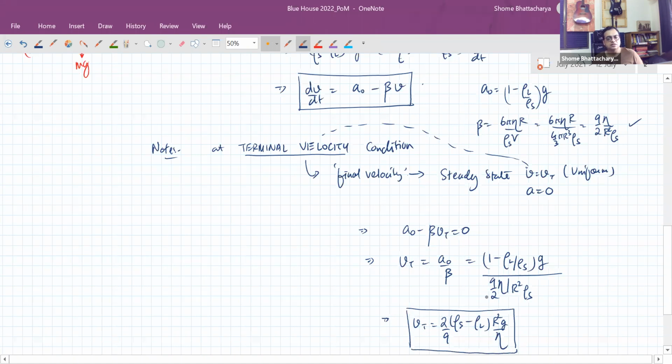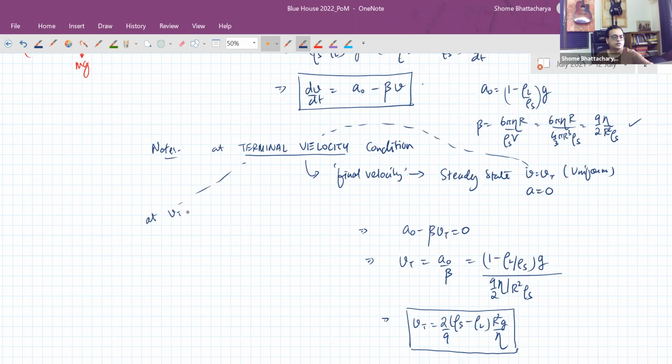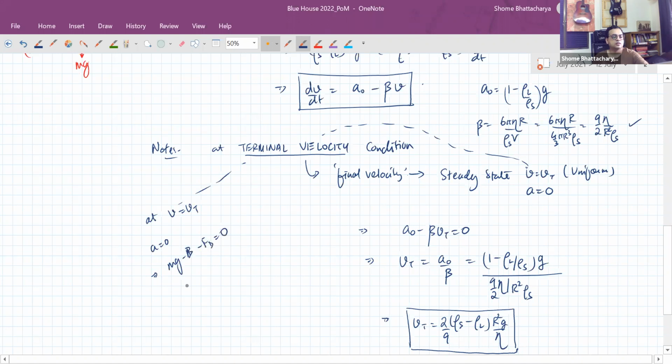So what I would suggest is instead of trying to memorize the formula, just remember the concept that at v equal to terminal velocity, the acceleration should be zero. So that means mg minus buoyant force minus this should be zero. So mg minus buoyant force should be equal to the drag force. So that's it.